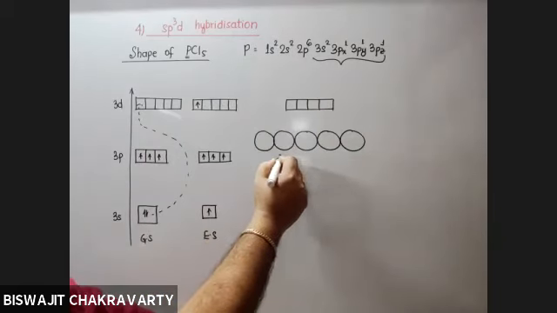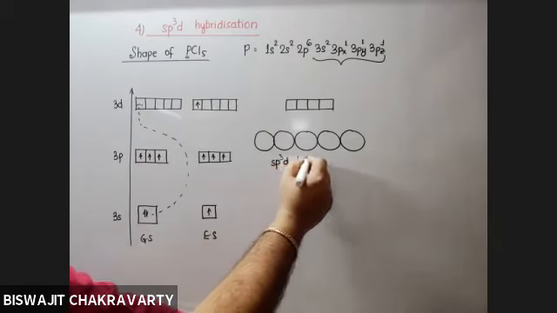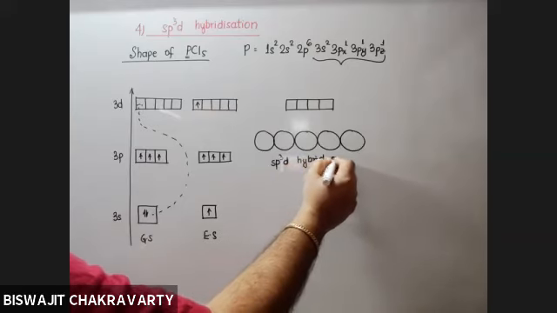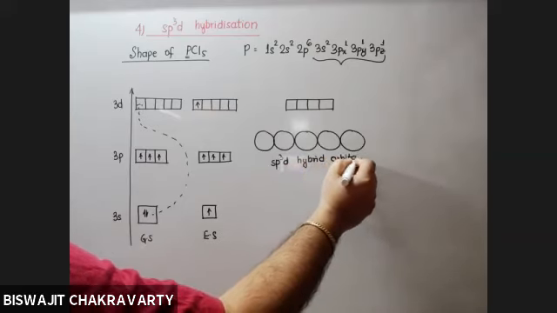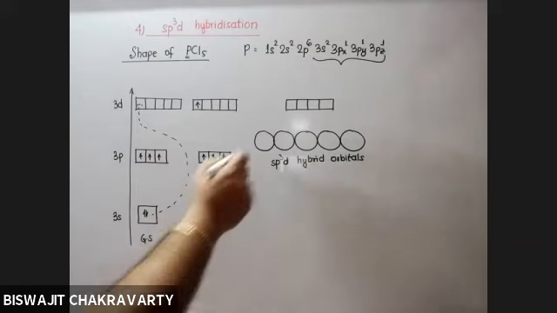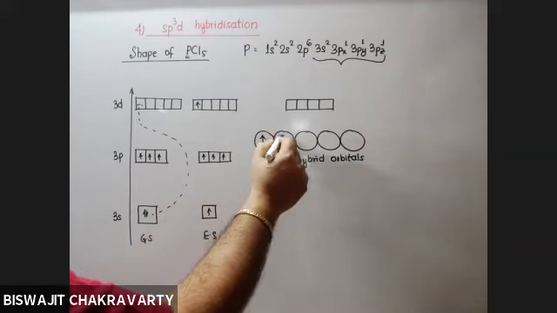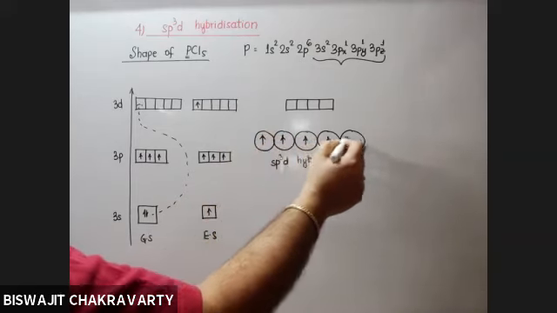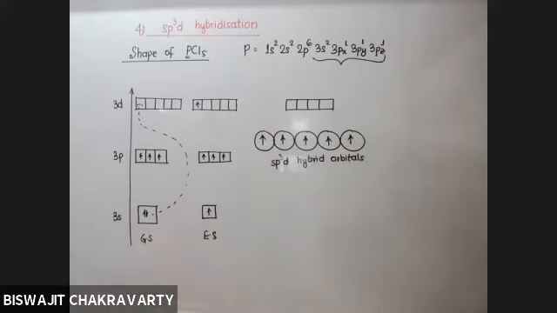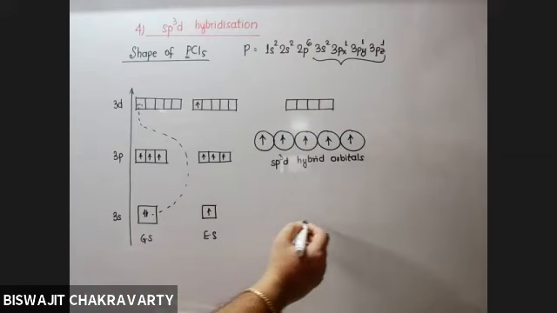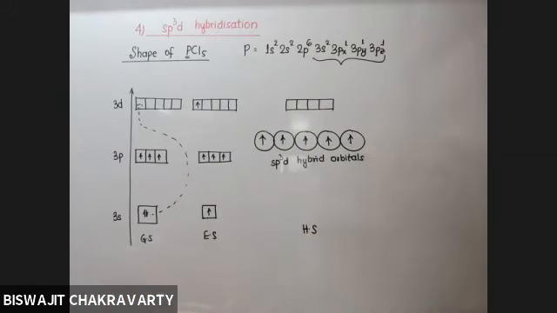So they are sp3d hybrid orbitals, and each gets 1 unpaired electron. And these are unhybridized d orbitals that did not take part in bond formation. So this is the hybridized state of phosphorus.